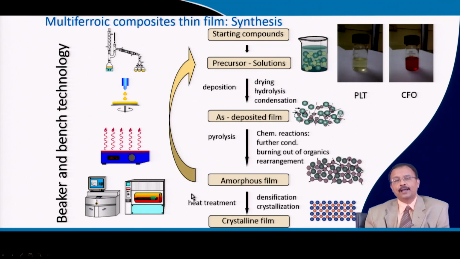Now, for the bulk state, one can make it by mixing these two things together, but as I have already mentioned, once you are talking about a device, you will have to make an integrated device, integrated to semiconducting silicon circuitry.